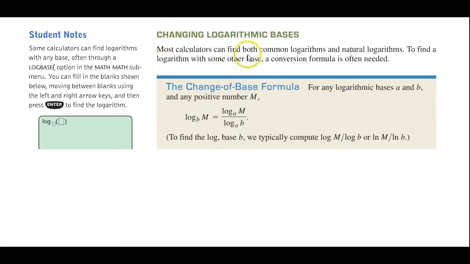Now, changing logarithmic bases. There is what we call the change of base formula. For any logarithm base A and B, and for any positive number m, this is the formula for changing bases.